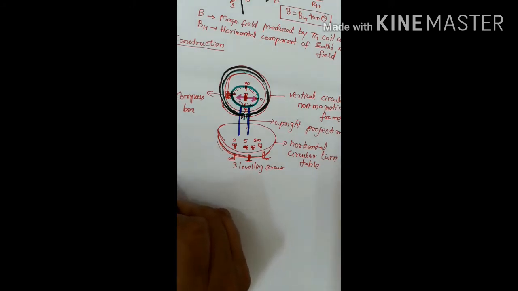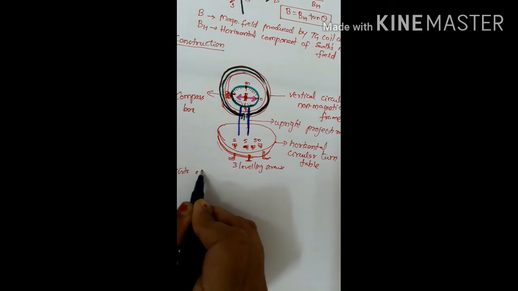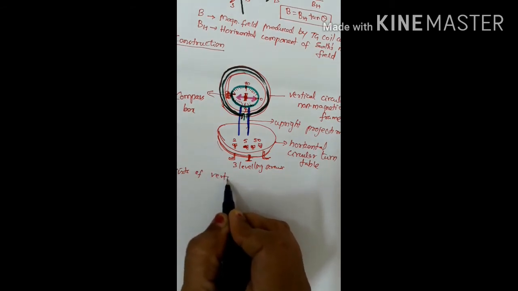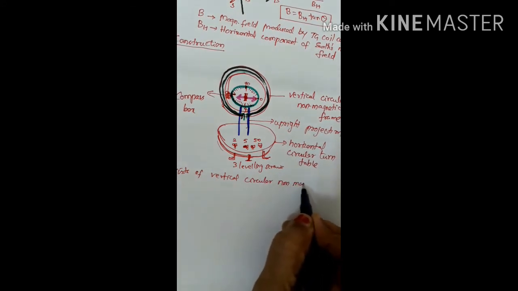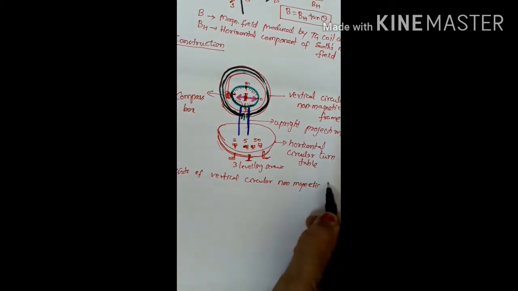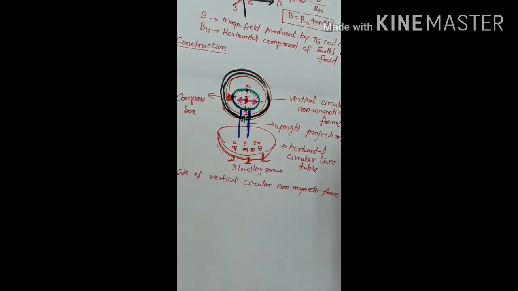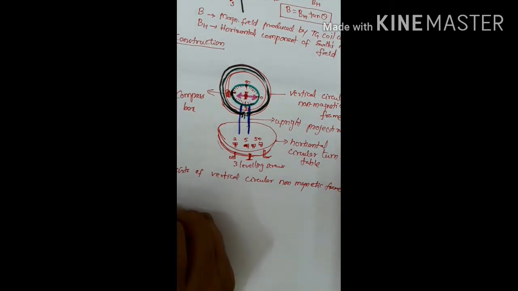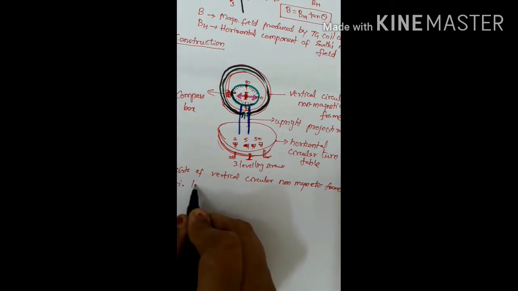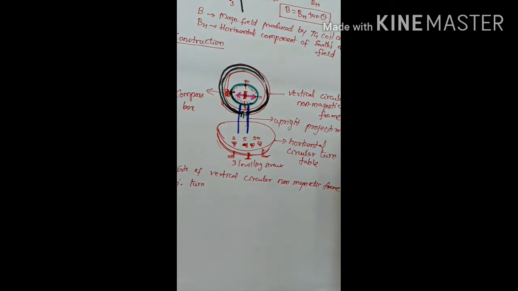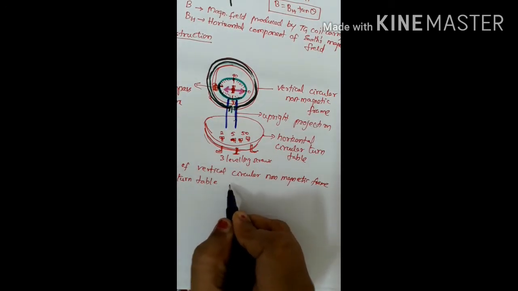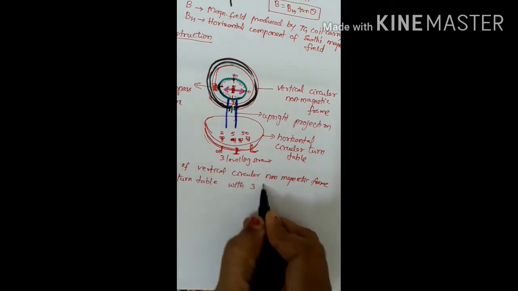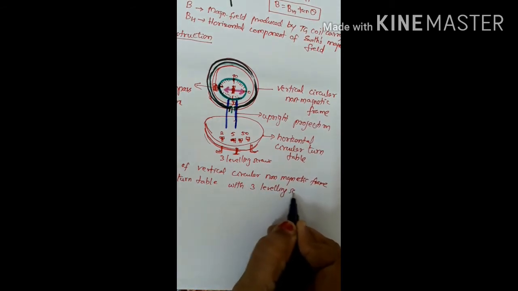It consists of a vertical circular non-magnetic frame. The second part is a horizontal turntable with 3 leveling screws.